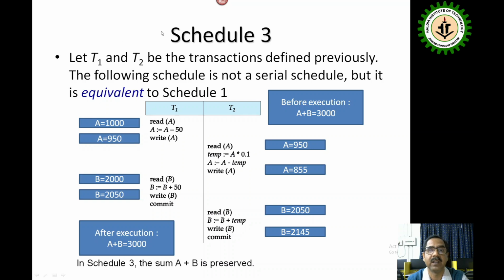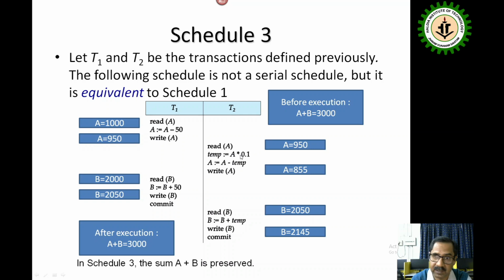Now, if we execute in a non-serial, interleaved form, then T1 reads A, writes A, T2 reads A, writes A, then T1 again gets a chance to execute its instructions, read B, write B. T2 again gets its chance to execute instructions, read B, write B. So here T1 first starts its execution, then leaves the system for the execution of T2.